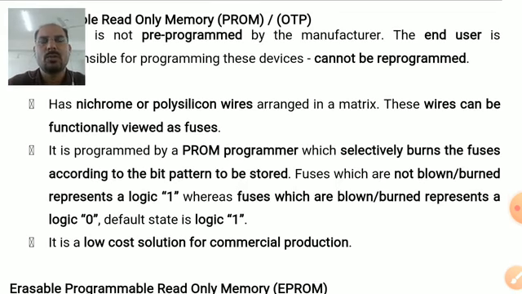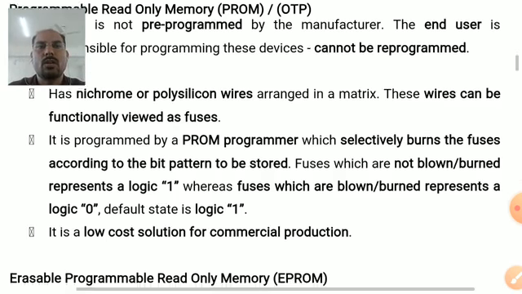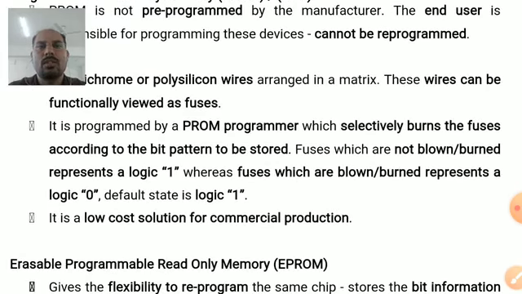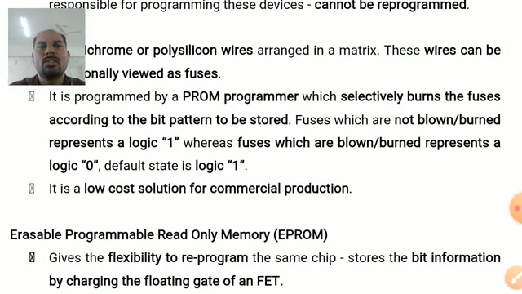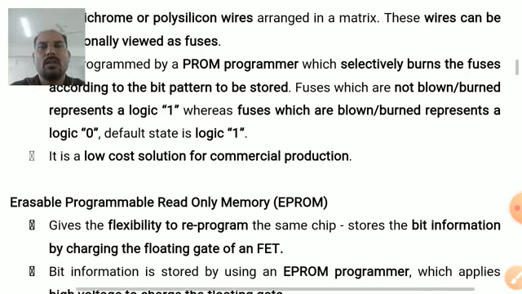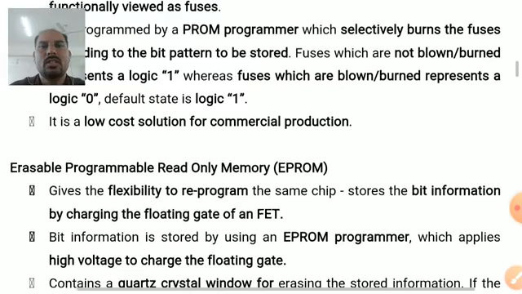It is programmed by a PROM programmer, and that programmer selectively burns the fuses according to the bit pattern to be stored. Fuses which are not blown or burned represent logic 1, whereas fuses which are blown and burned represent logic 0. By default, the value of these fuses is logic 1. These are a low cost solution for commercial production.